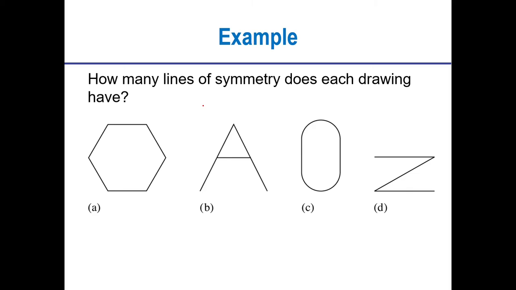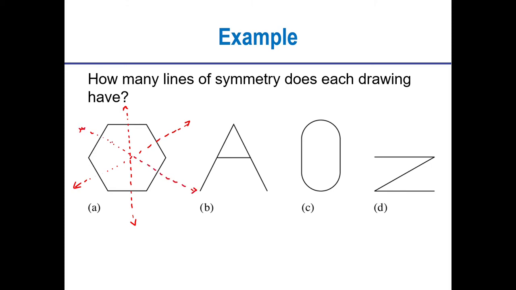How many lines of symmetry does each drawing have? The first figure is a hexagon. It has 6 sides. I have a line of symmetry running straight down the middle. Another line of symmetry diagonally. Another one going the opposite diagonal direction.